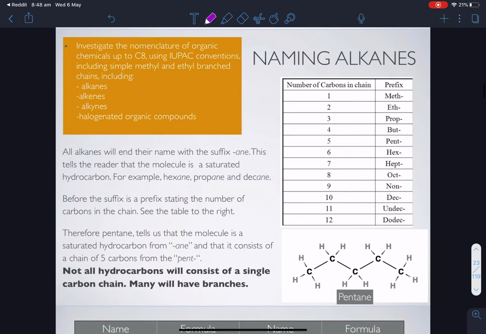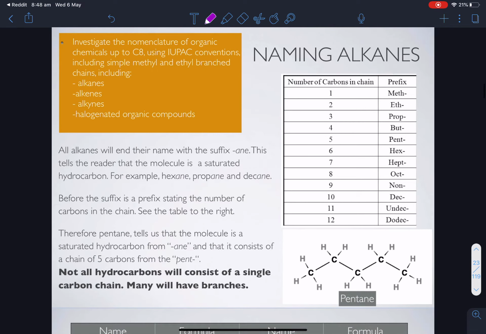Okay, so let's talk about naming alkanes, and here we've got a syllabus point. Investigate the nomenclature, a hard word to say, but it just means the naming rules of organic chemicals up to C8, so up to 8 carbons long, using the IUPAC conventions.